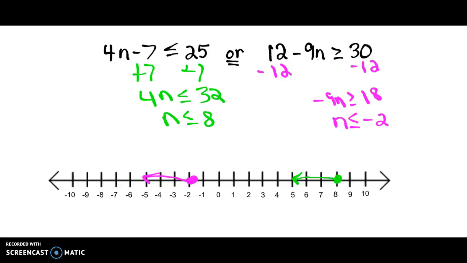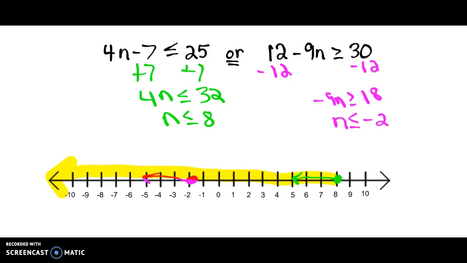So your final answer is really this whole region, because either it's shaded green here or green and purple that way, but either one is fine. Anywhere there's any shading at all would be shaded. So those are for or statements. Either or, anywhere there's shading, that's your final answer.